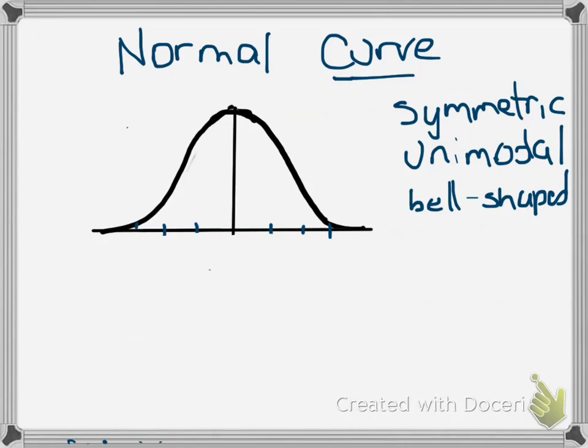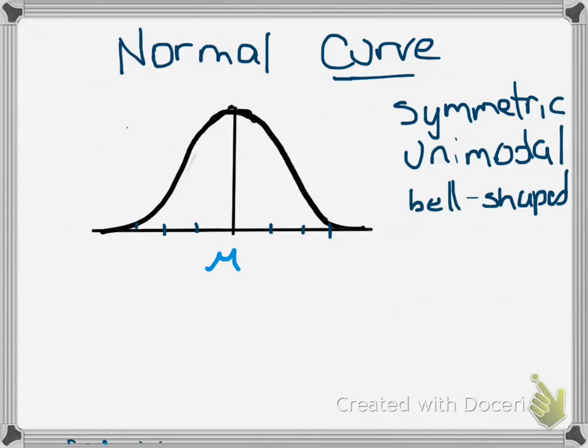Now, a normal curve, as I said, is a special kind of density curve. It is symmetric, it is unimodal, and it is bell-shaped. Now, the center of the normal curve is the median. And at the same time, since it is symmetric, it is also the mean. Now, these little tick marks show us the number of standard deviations.